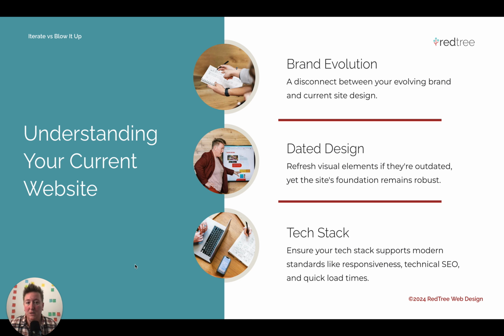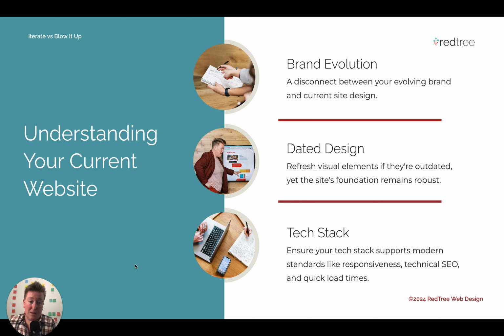The next thing to look at is a dated design. Now, a lot of people will say, my site is very dated, so I should blow it up and start from scratch. Not necessarily at times. What I like to tell people is, think about those DIY dresser videos that we see on social media. Sometimes those individual pieces of furniture have really good foundations, and people sort of wipe away the coatings or update some finishes or whatever that may actually be.